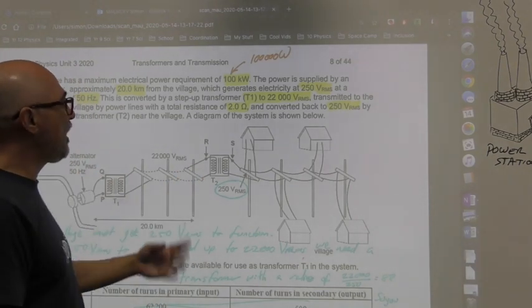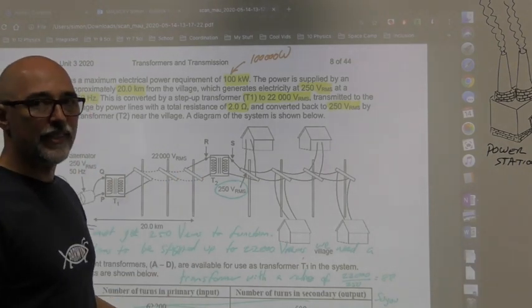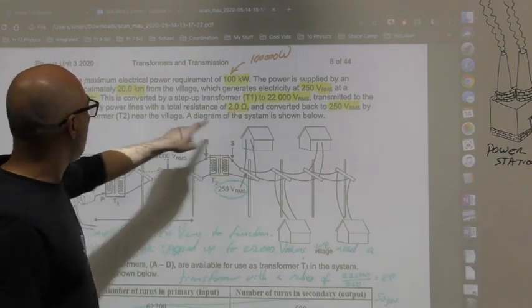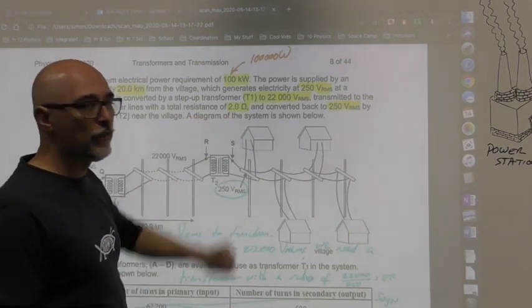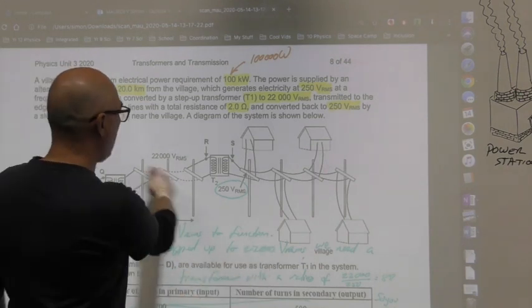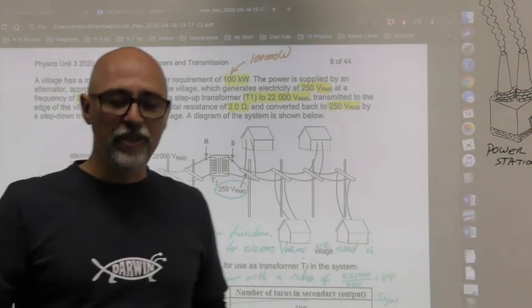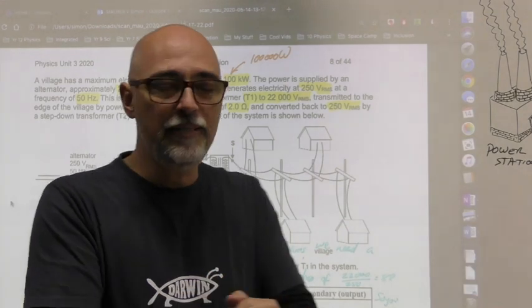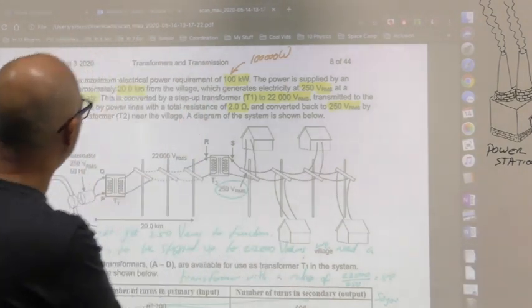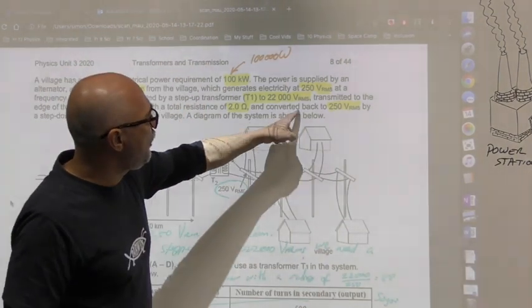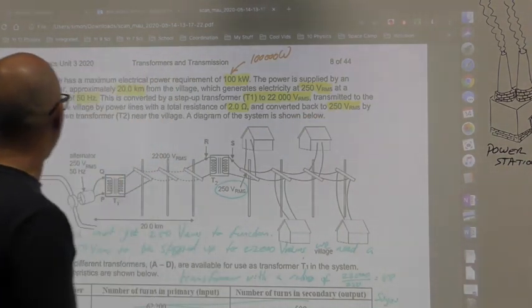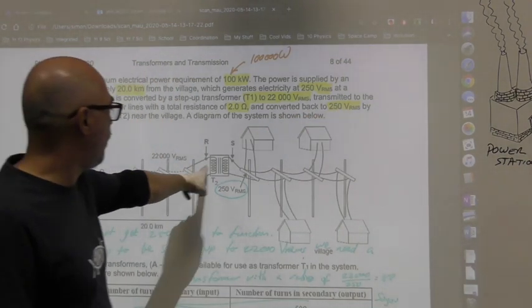Now you know they're not going to be zero resistance, right? It says a total resistance of 2 ohms. In other words, they're 1 ohm each. Doesn't matter though. You always consider them as a set, as a sum. So, 2 ohms, and converted back to 250 volts RMS by a step-down transformer over here.